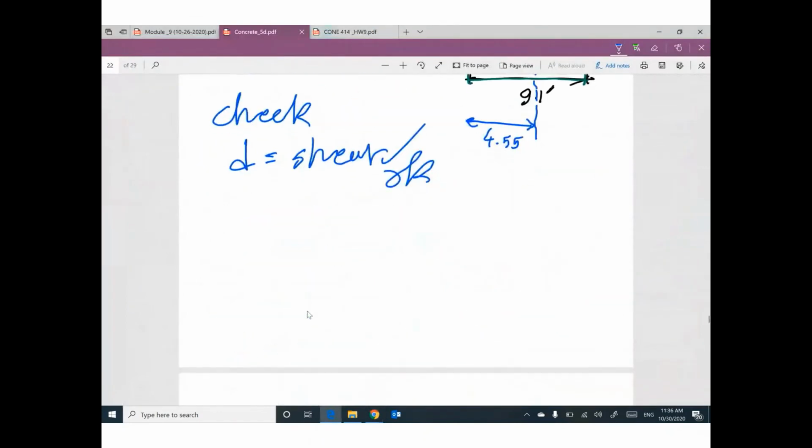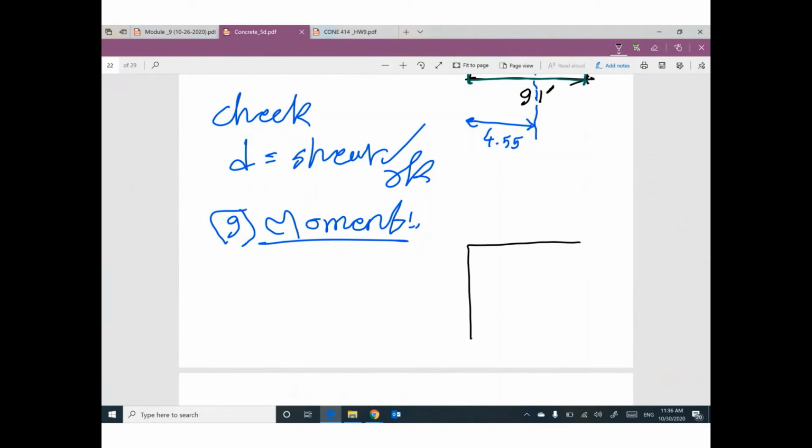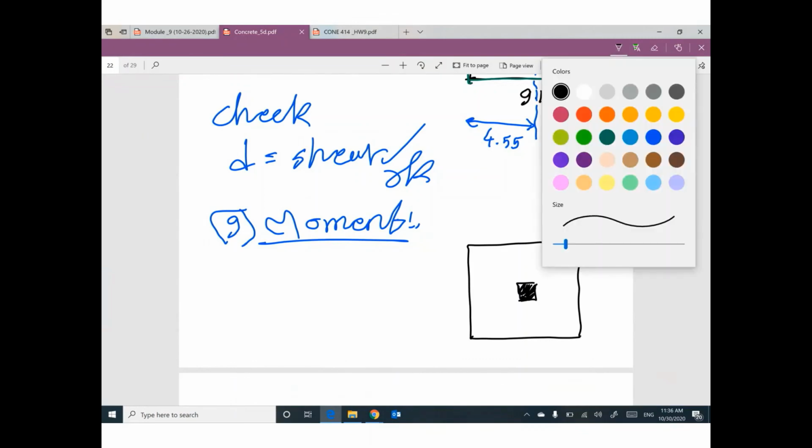Number 9, moment, which is the last step. For me, as an instructor, I would like to draw the footing and the column every step. Do you remember where the critical location for moment is?